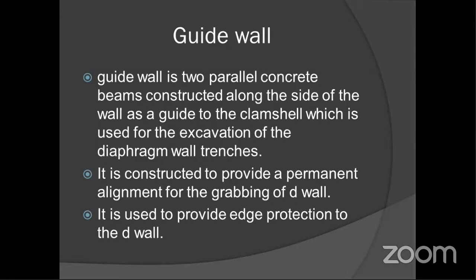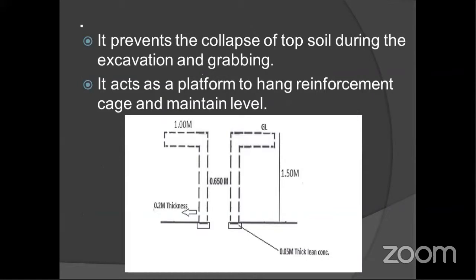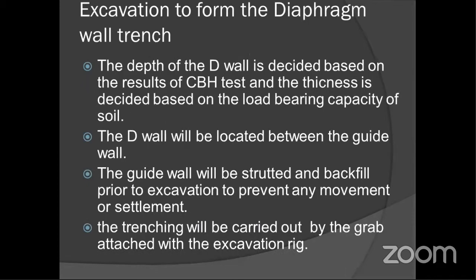And it will give us a permanent alignment, and it will help us to maintain the verticality of our trench. And for bentonite circulation methods and collapse and all, it will help us to work fast.